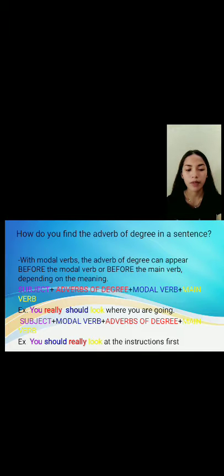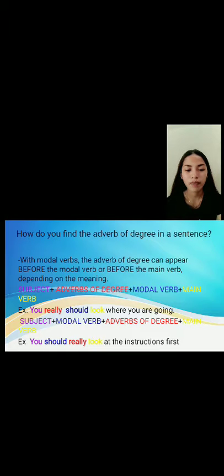So another example. So we have another correct format for writing this. So subject plus modal verb plus adverbs of degree plus main verb. So example, you should really look at the instruction first. So see the difference.